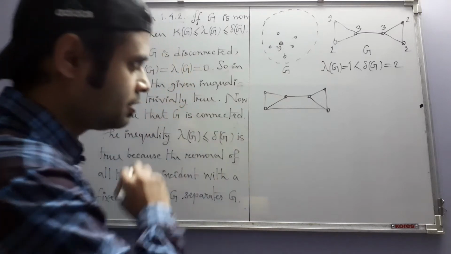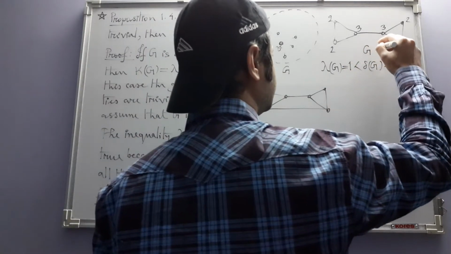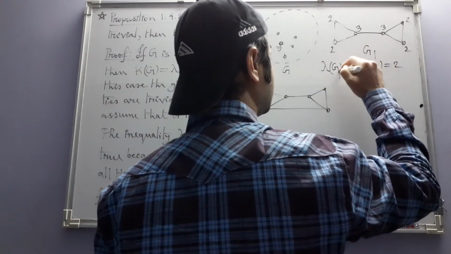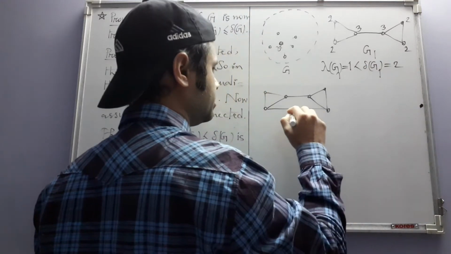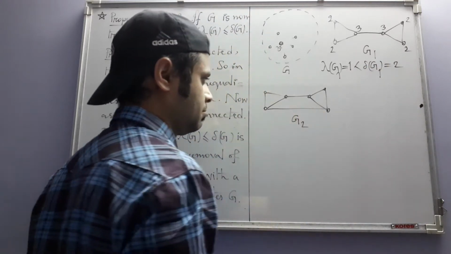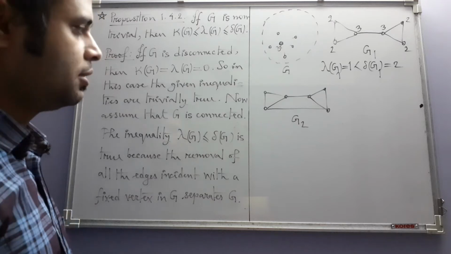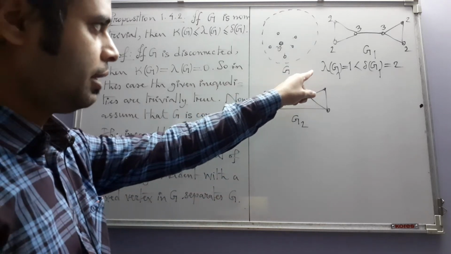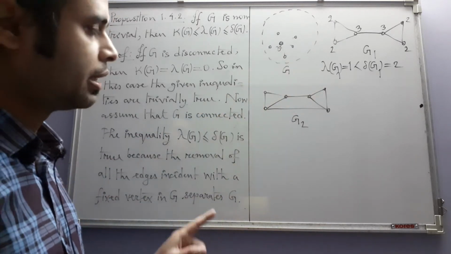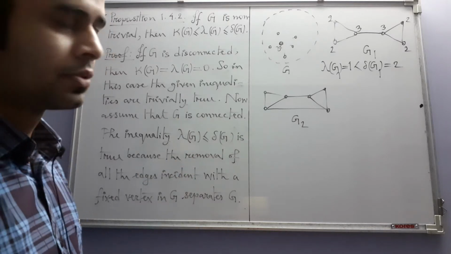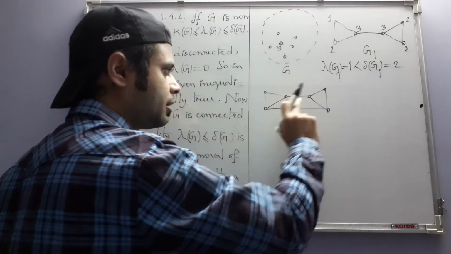Then for this, say this is our G1 and this is the G2. In this case, you will see that the edge connectivity is no longer 1 because this is no longer a bridge.